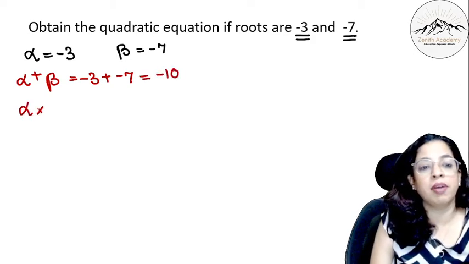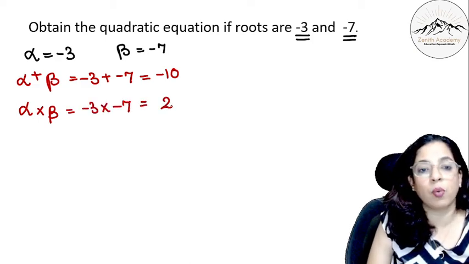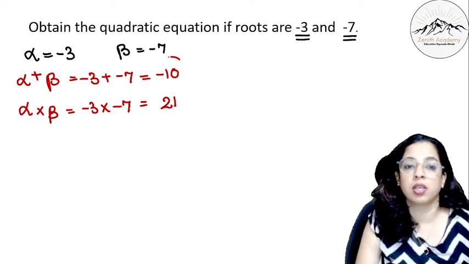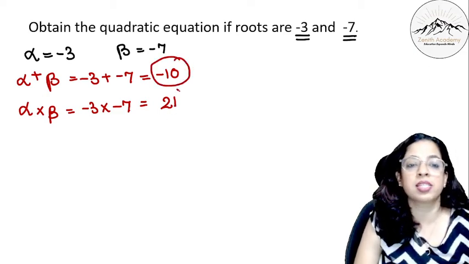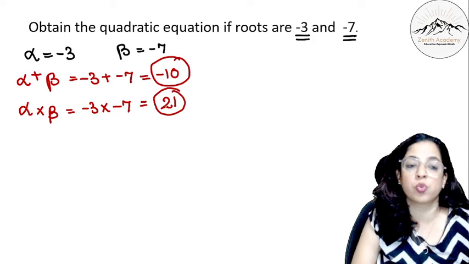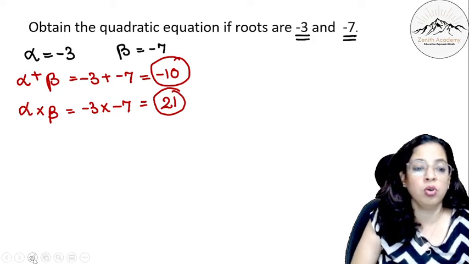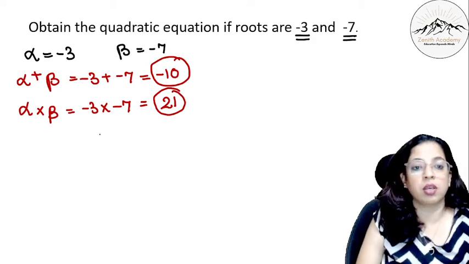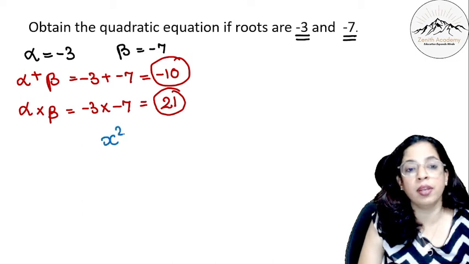What will be alpha into beta? It will be -3 into -7, so 7 3s are 21, minus into minus is plus. So alpha plus beta is -10, alpha into beta is 21, and we know this, that it will be x square, the equation. What will be the quadratic equation?